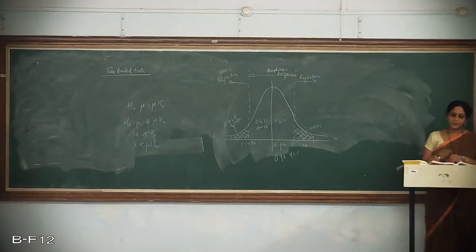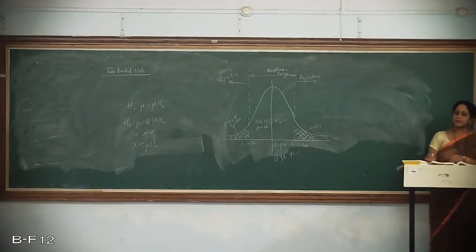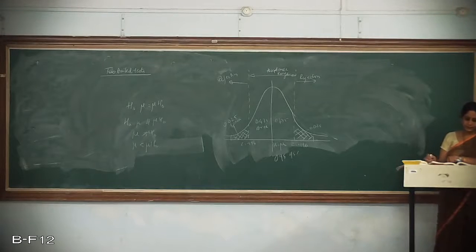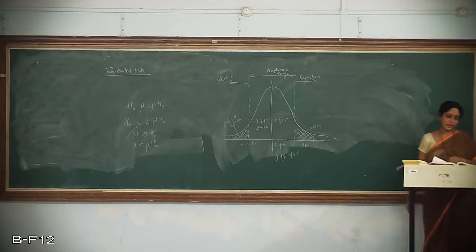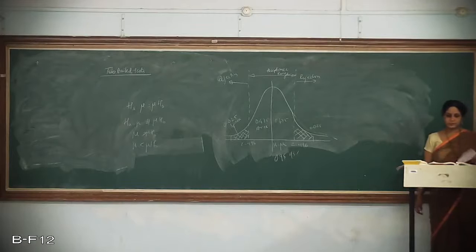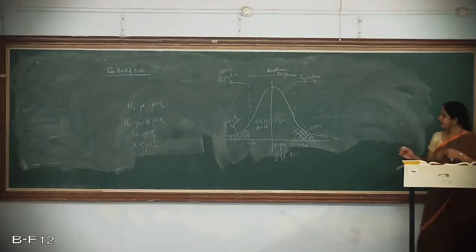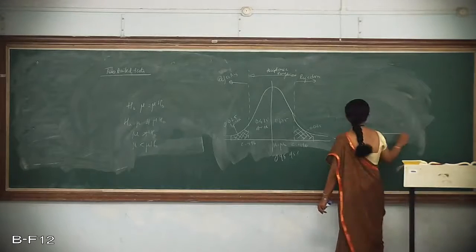Okay. Hence, if a sample mean does not deviate significantly from mu, then we can accept the null hypothesis. Whereas here, this is the range where we reject the null hypothesis. The one-tailed test will be something like this.